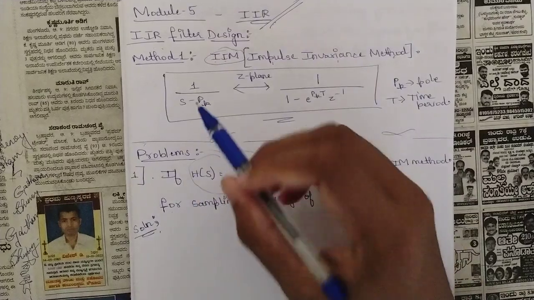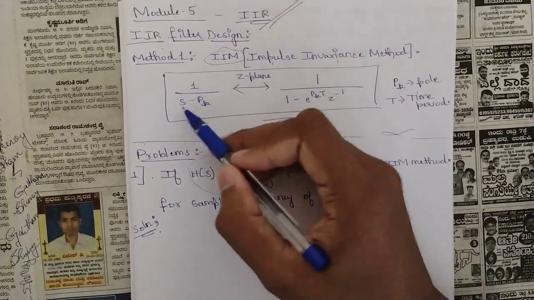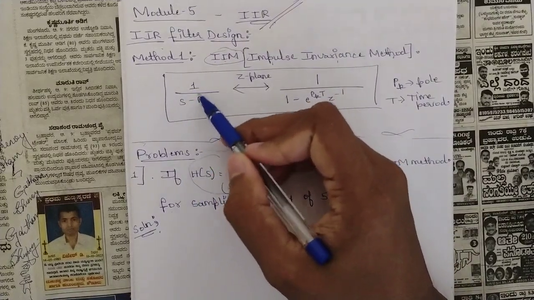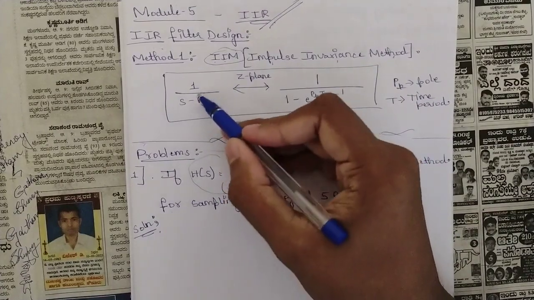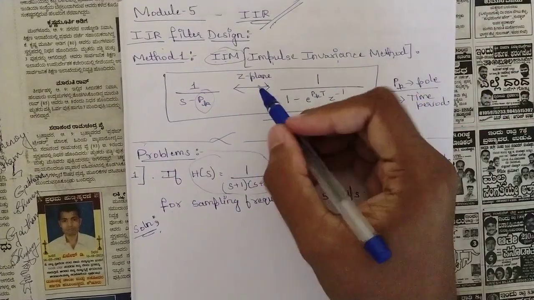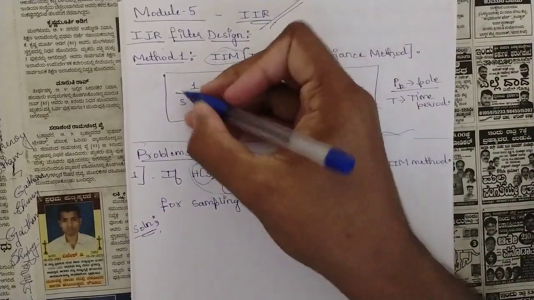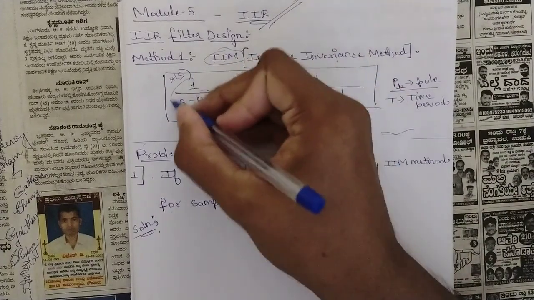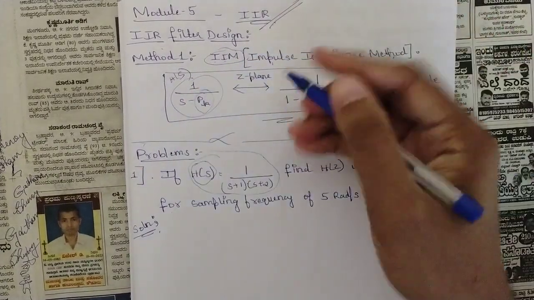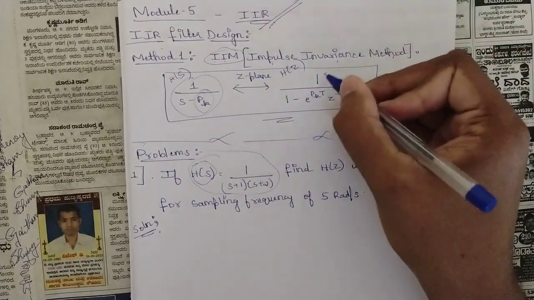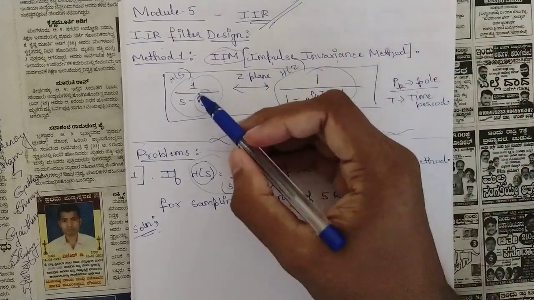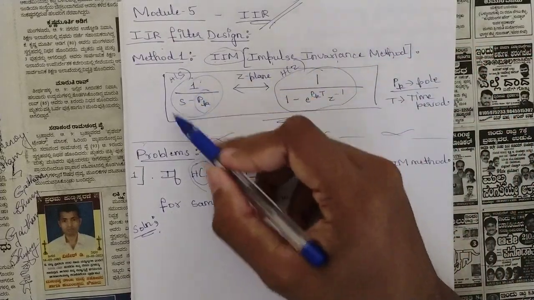The simple concept here is 1 divided by s minus p_k, where p_k stands for pole, and it should be converted to the z plane, that is H(z) from H(s). This is written, and after converting to the z plane, that is H(z), it would change to this form. We should be bringing H(s) to this form first.